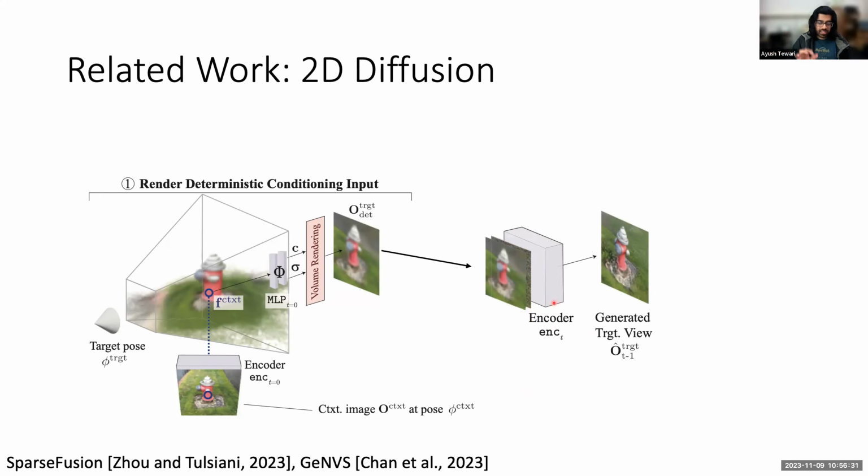So the diffusion model's architecture is just a 2D model. This model can give you good images from the target viewpoint, but it does not allow you to compute estimates of the 3D scene that describes these two images.